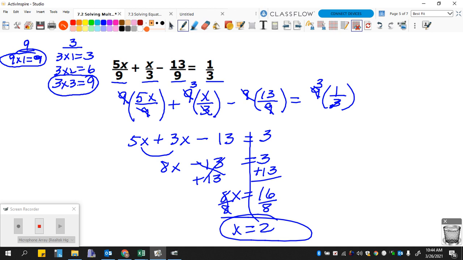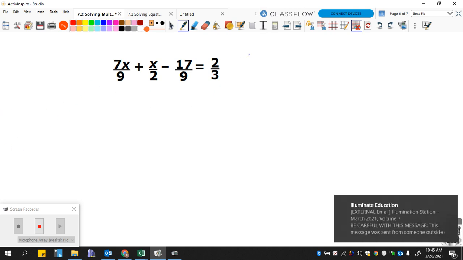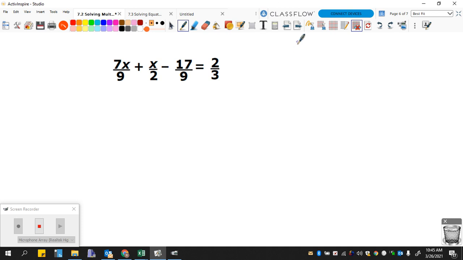Let's do another one like that, okay? Except in this case, we actually have 3 different numbers that we have as denominators. All right, so once again, when we do something like this, we can say 2, 3, and 9. Okay, and the way that I do this is I start with the big one and do 9 times 1, which is 9.